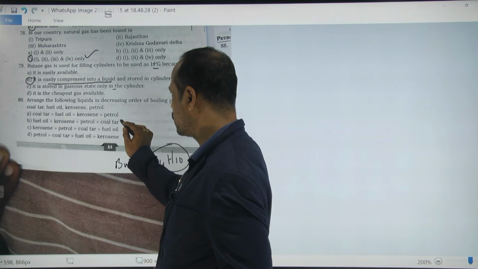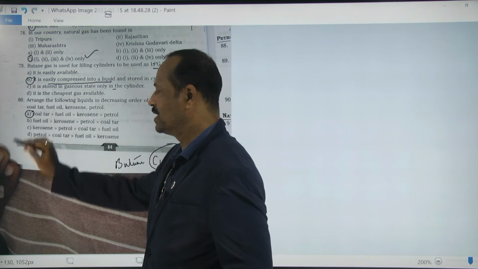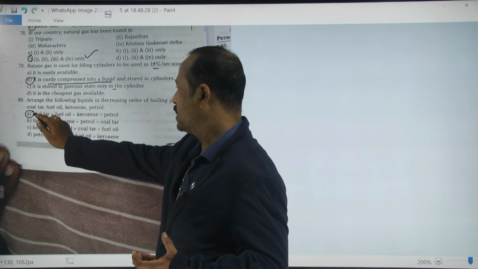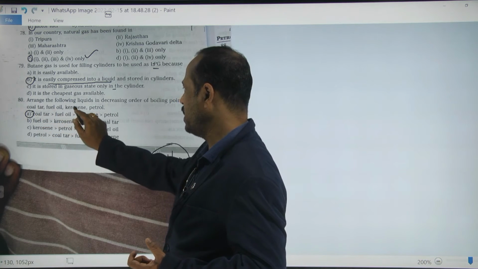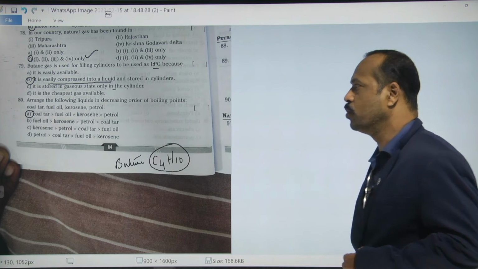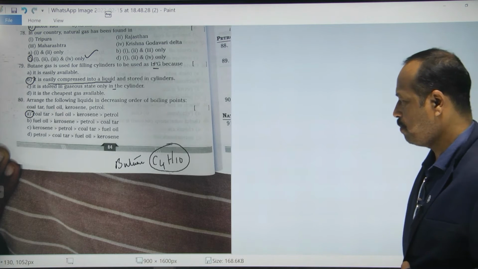Coal tar, I think, should come first. Because coal tar is very thick, its boiling point is more. So this is the right answer: coal tar, fuel oil, kerosene, petrol. Coal tar has a higher boiling point than fuel oil, than kerosene, than petrol. Okay.